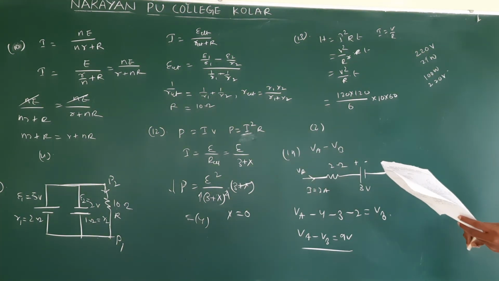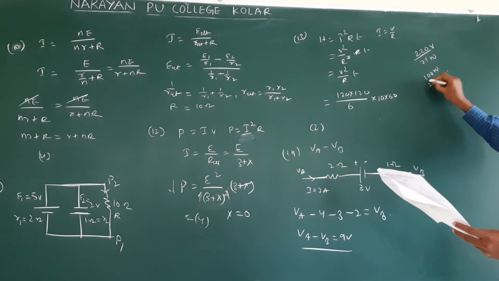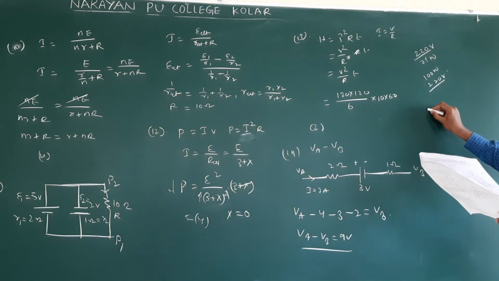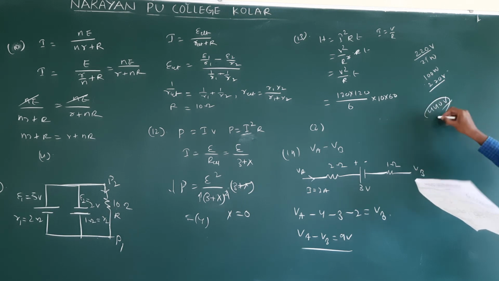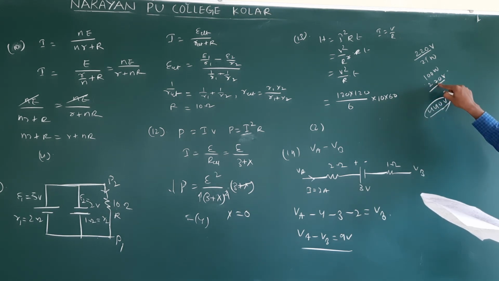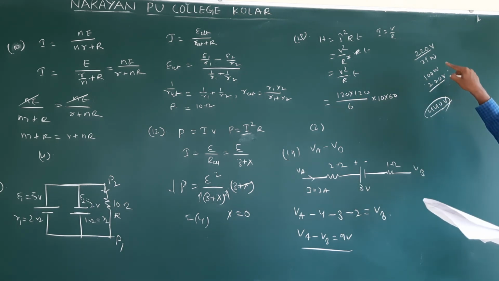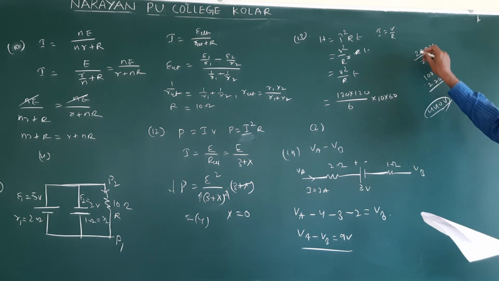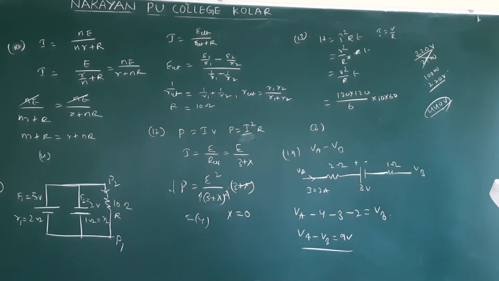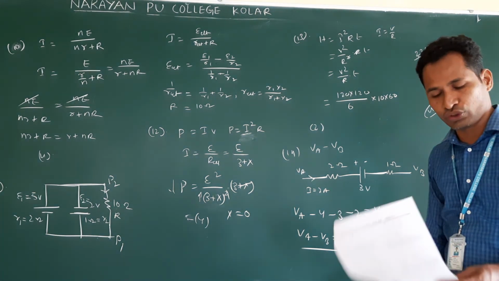Okay. This is operating voltage. What is the supply voltage? 440. Is the supply voltage more than operating voltage or less than? More than. Which bulb is connected first? 25 watt. The 25 watt bulb will be fused first. Then once the first bulb is fused, no power supply for the second bulb. So the 25 watt bulb will be fused.